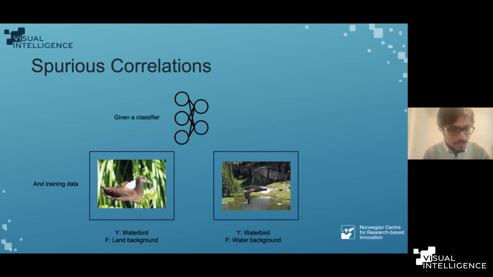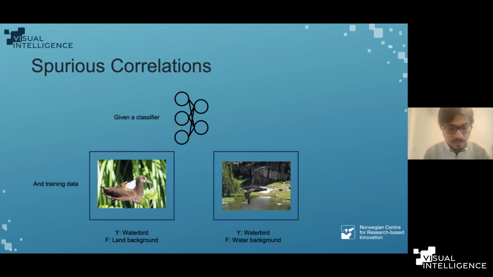Spurious correlations in the training data are all those features which are causally unrelated to the task at hand. The example dataset provided here is from the Waterbirds dataset. The task is to classify an image as waterbird or landbird, so it's a binary classification task.